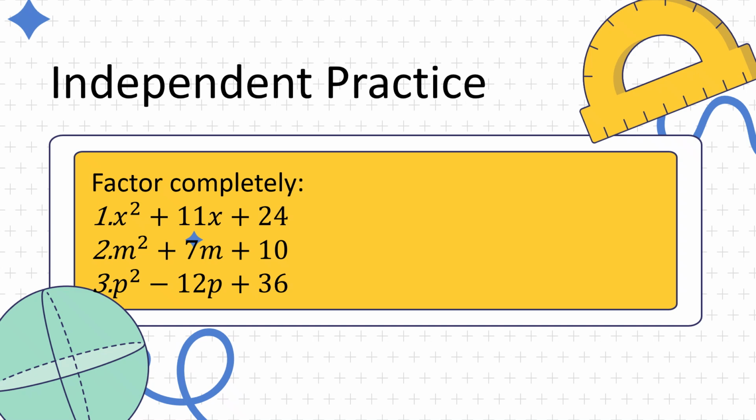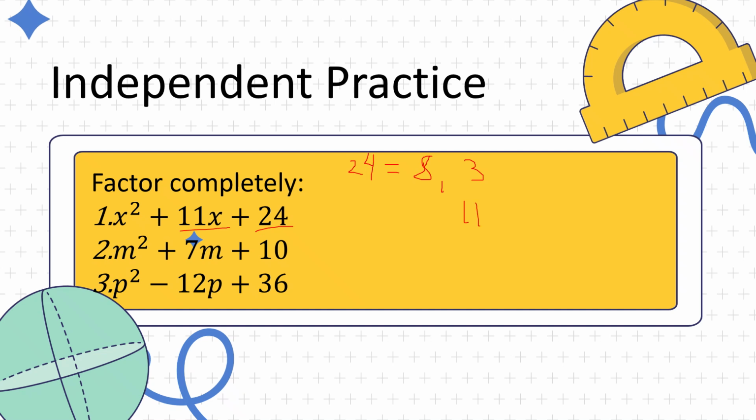Now, we will have an independent practice here. Let's see, what are the factors of 24? For 24, we got 8 and 3. If we multiply, 8 times 3 is 24. If we add that, 8 plus 3 is 11, which adds to our middle term.